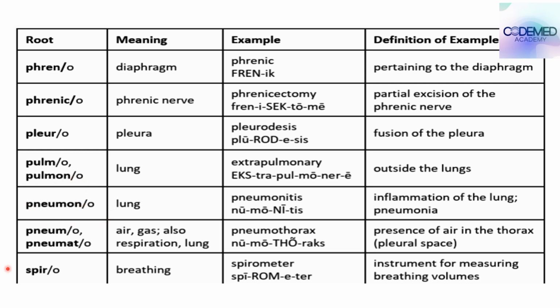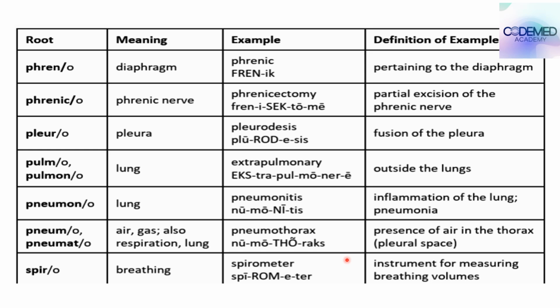Pneuma is another word for air, and pneumonitis is the inflammation of the lungs, which is more commonly known as pneumonia. Pneuma is the air, gas, also the respiration and the lung. Pneumothorax is the presence of air in the thoracic cavity. If I say hemothorax, I am talking about blood in the thoracic cavity. Then spiro is breathing, and spirometer is the instrument for measuring breathing volume.